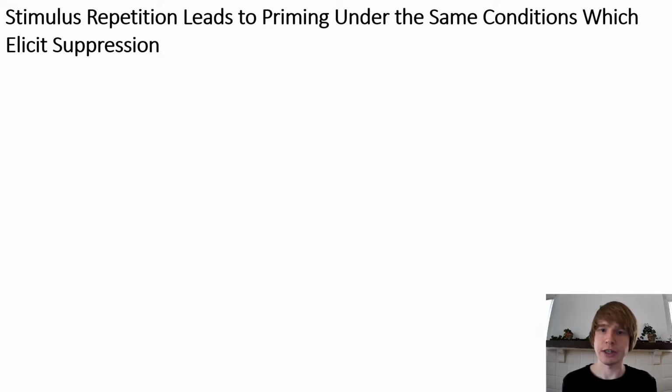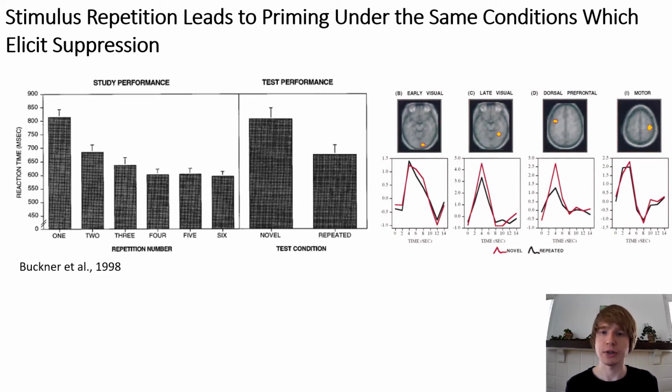In addition to these changes in the neural response that occur during passive viewing, there's also a potential link to behavior in the form of an association between neural repetition suppression and repetition priming of reaction time. Buckner et al. showed that in subjects performing a move versus does-not-move categorization task, they observed both priming and repetition suppression under the same conditions.